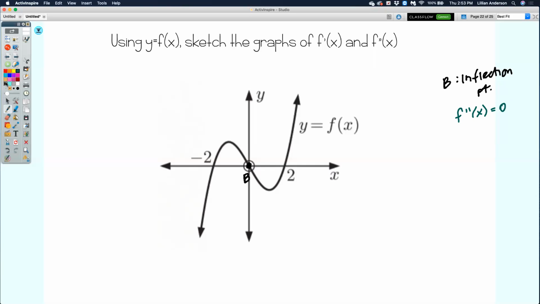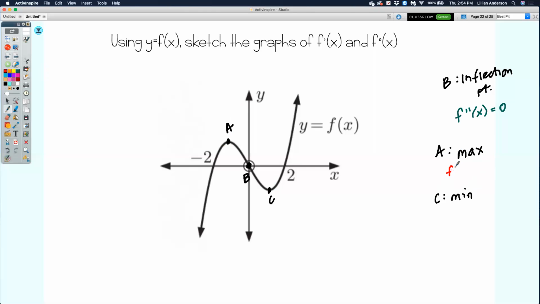What else do you guys see on your original function? Is there a local maximum and a local minimum? Yes, there's a local maximum and there's a local minimum. And remember, local maximums and local minimums, are they associated with the first derivative or the second derivative?